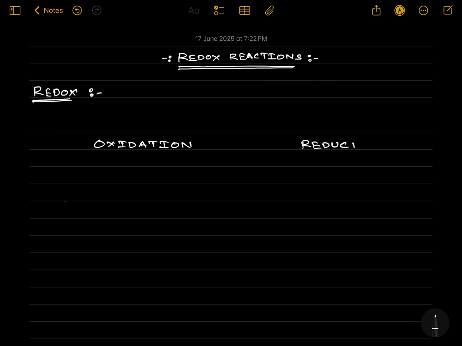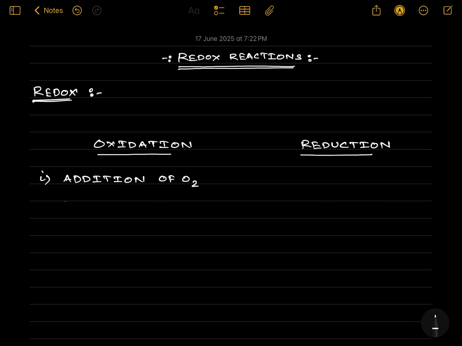We have definitely heard about these terms in our lower grades, no matter if you're talking about IGCSE or AS levels. So, what do you mean by oxidation? As the name suggests, oxidation is nothing but addition of oxygen.